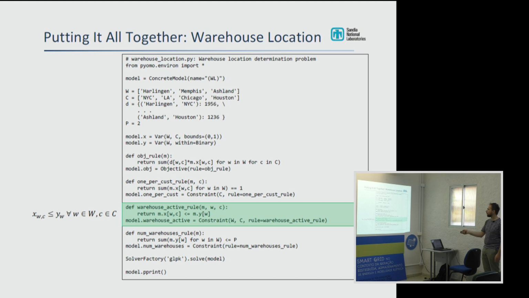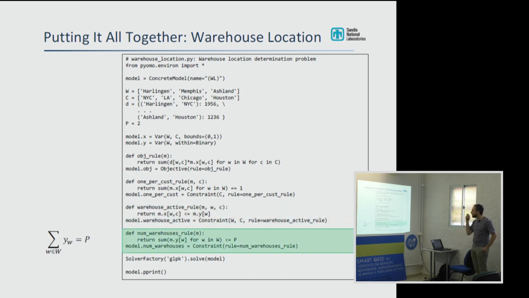x smaller than or equal to y. We saw it yesterday in the if-then example, a statement. I don't know if you remember that. I showed you a lot of tricks to model some statements, and one of them was the if-then statement, and the answer is this one. This is to limit the number of warehouses I will be building.